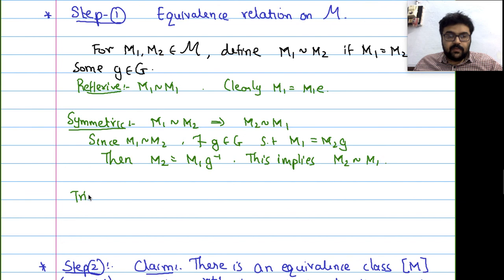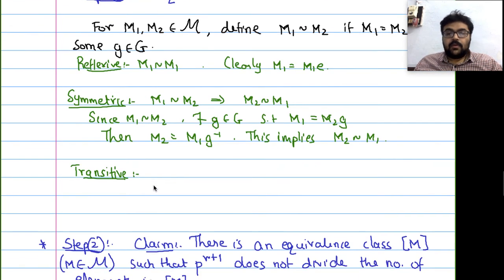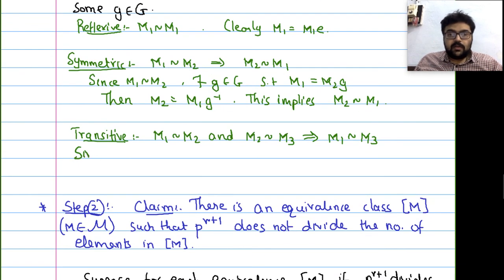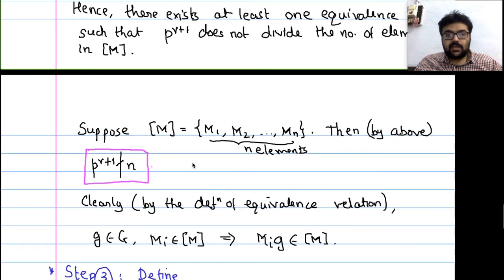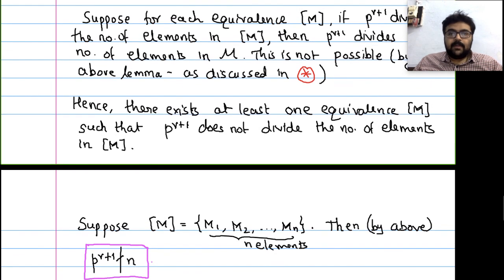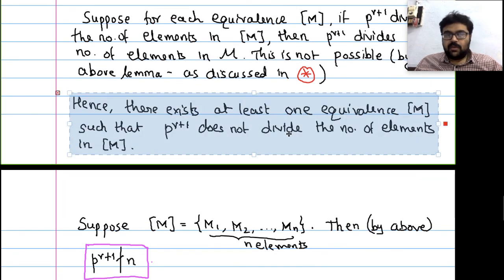Transitive. For transitivity, we are given M1 is related to M2 and M2 is related to M3, let us say. So we have to show that M1 is related to M3. Since M1 is related to M2, do we have space on the next page? I suppose not. We will have to make some space, perhaps, if needed.